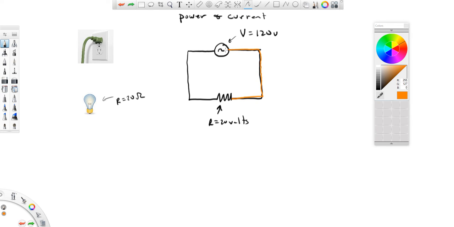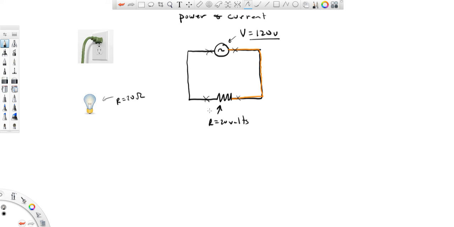What that means physically for our problem is that if the average voltage is 120 volts, black to orange, then I look at my light bulb, black to orange, that's the same voltage there. So long story short, all we need to do is apply Ohm's law, which is voltage equals current times resistance.